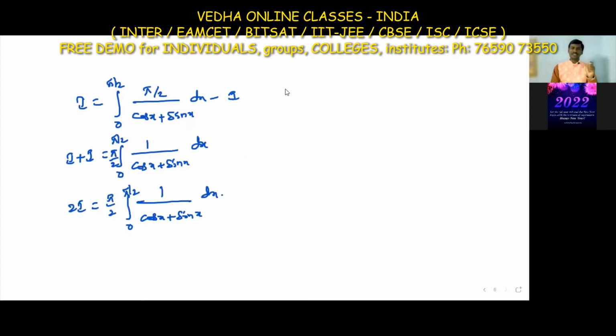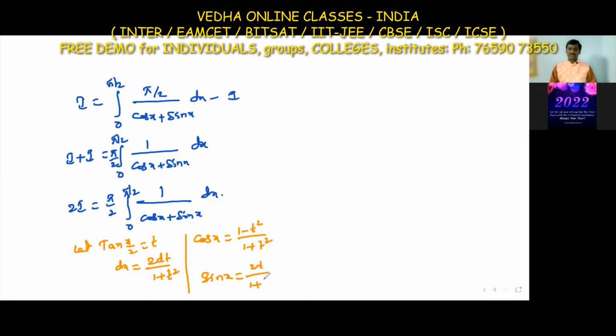Whenever we have functions with cos x and sin x in the denominator, we use the method: let tan x by 2 is equal to t and dx is equal to 2 dt by 1 plus t square, cos x we write as 1 minus t square divided by 1 plus t square, and sin x as 2t divided by 1 plus t square.